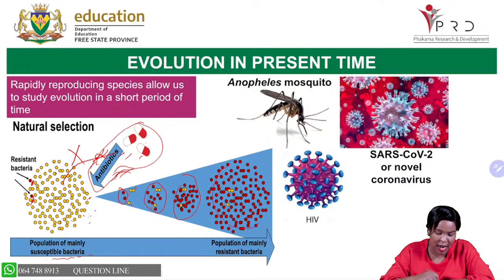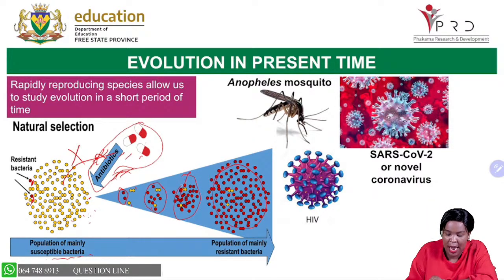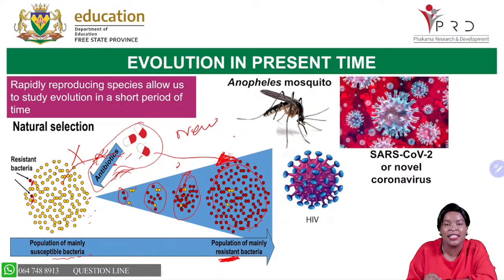The red one is now growing, meaning it is evolving more and more rapidly to become stronger and stronger until we have bacteria that are resistant to this antibiotic. This antibiotic will not work on this red resistant bacteria. Therefore, it will keep on evolving and becoming wiser and wiser until you develop a new antibiotic that will kill this particular strain.